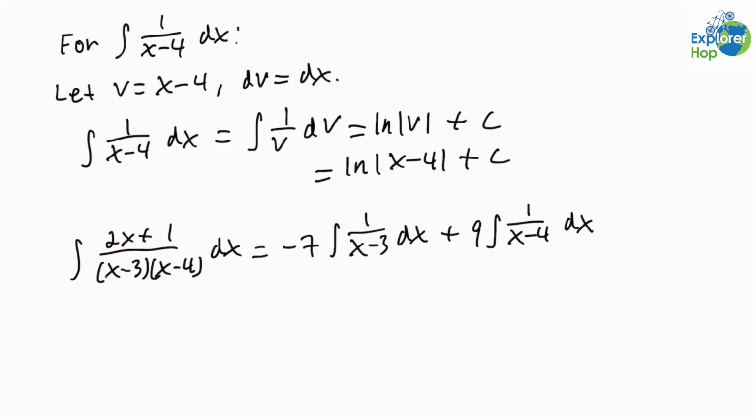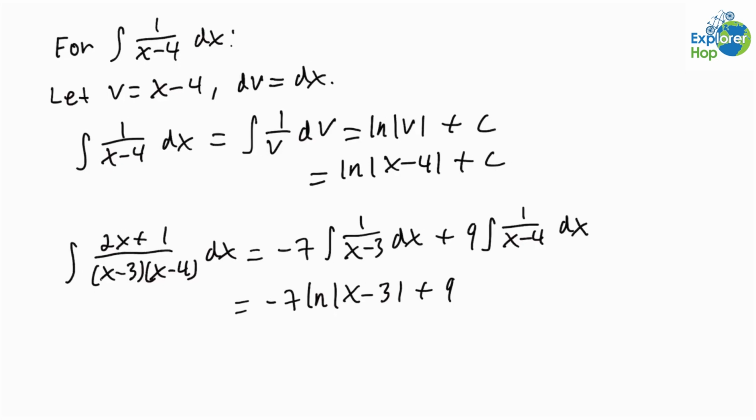And this is equal to negative 7 times the integral of 1 over x minus 3, which we already know is equal to ln of the absolute value of x minus 3, plus 9 times the integral of 1 over x minus 4, which we already know is ln of the absolute value of x minus 4. Then plus some constant C.